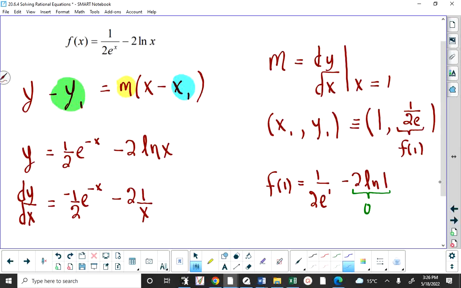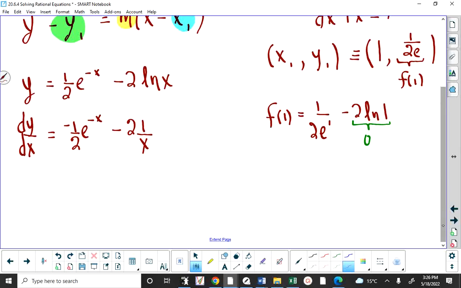I'm going to rewrite this without the negative exponents so that we can use it in our next step. This is negative 1 over 2e to the x minus 2 over x. Now don't forget, we're using this to determine the slope.